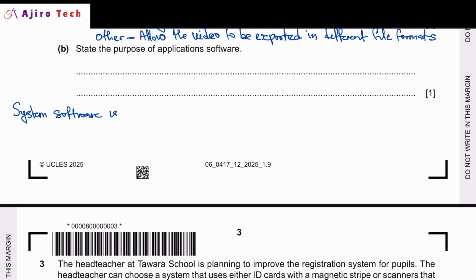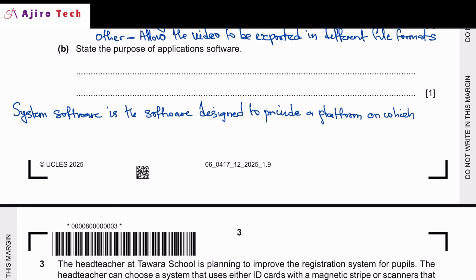Okay. System software is software designed to provide a platform on which all other software can run.